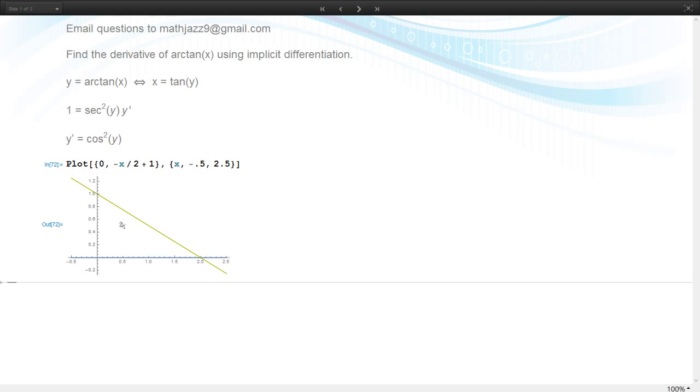There we go. Here's our triangle. And you'll just have to imagine a vertical line here, because I'm not going to waste the time to figure out how to put it in right now.